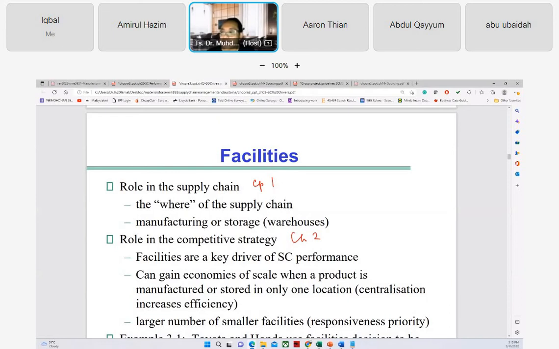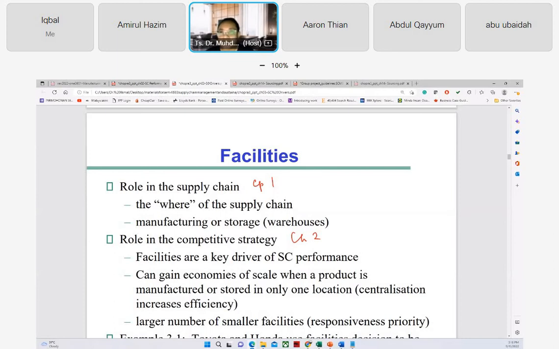understand where of the supply chain you want to cover. Which areas? Let's say, for example, Ninja Van, they are more focusing on southern region. Let's say Shopee, they cover more in Peninsula Malaysia. So where of the supply chain, and then manufacturing or storage, where you want to build your storage.